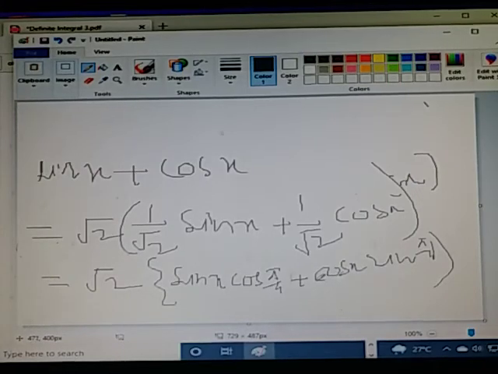Or you can write cos x cos pi by 4 plus sin x sin pi by 4, in which case you will have cos of x minus pi by 4 or pi by 4 minus x.